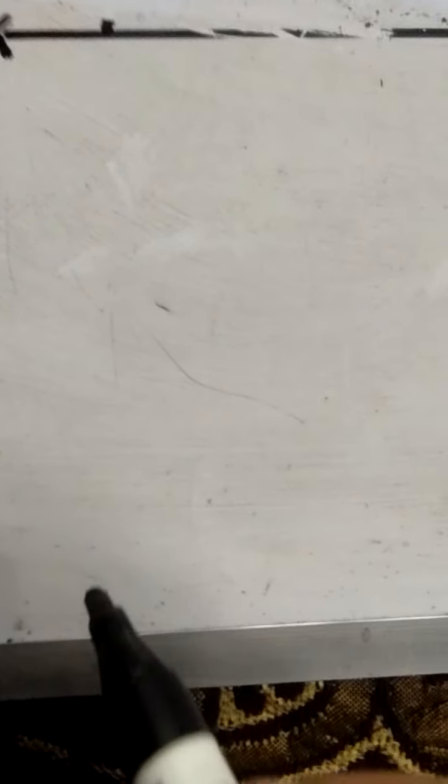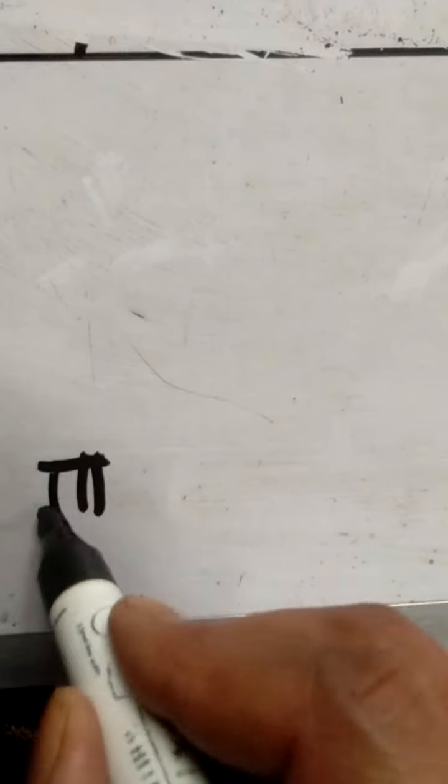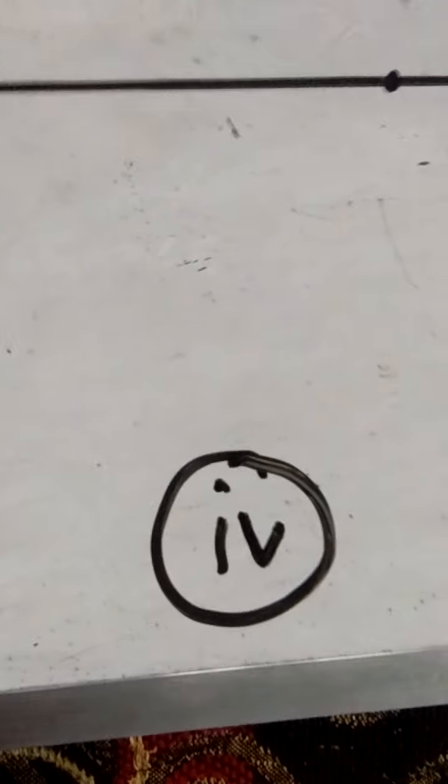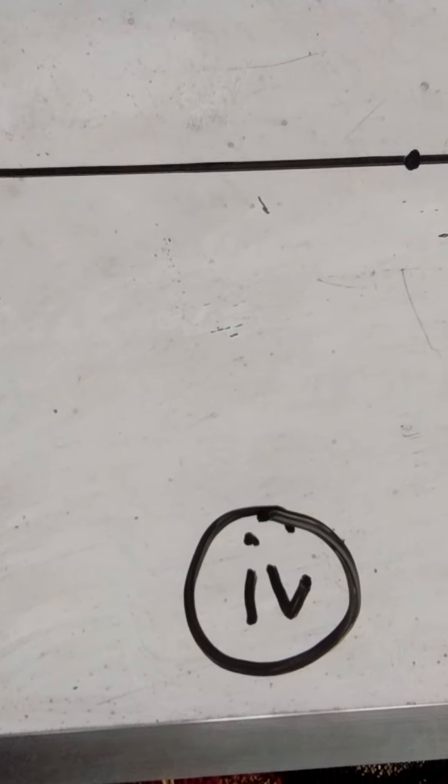This one is first quadrant. This one is second quadrant. This one is third quadrant. And this one is fourth quadrant. Simply we can say a Cartesian plane has 4 quadrants: first quadrant, second quadrant, third quadrant, and fourth quadrant.